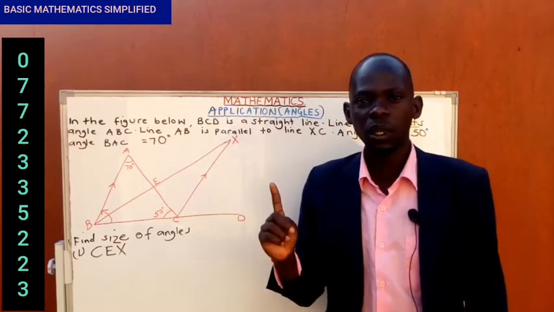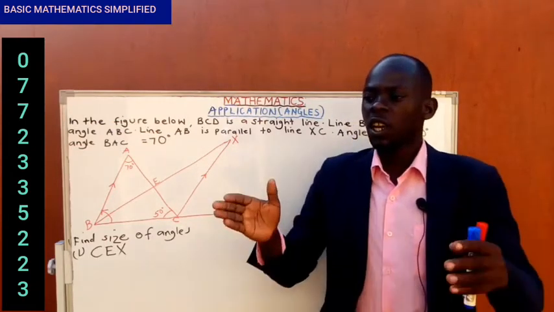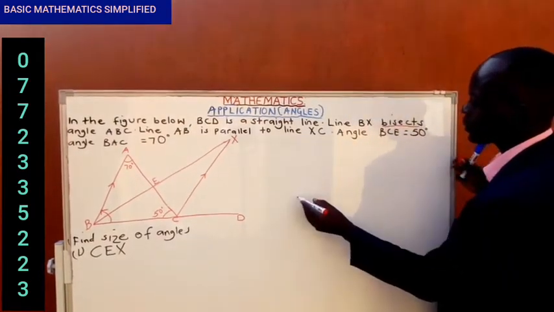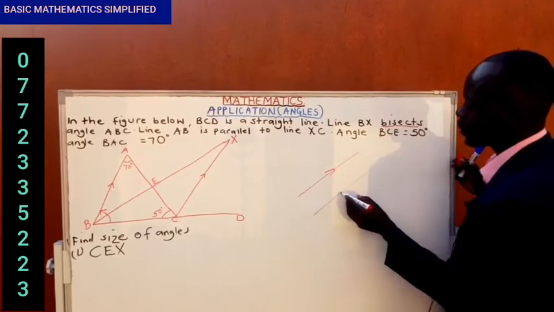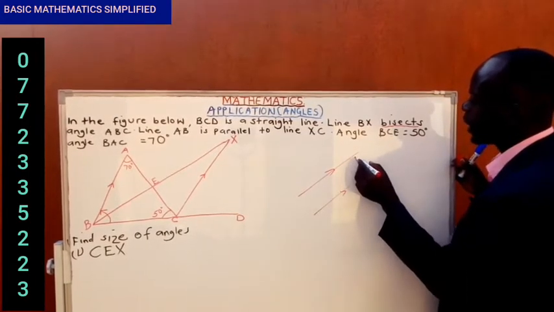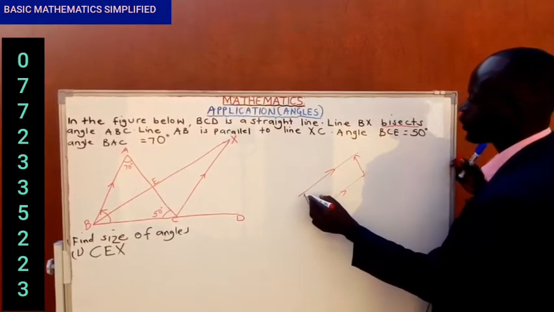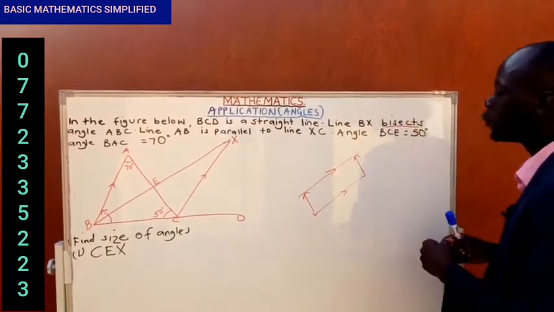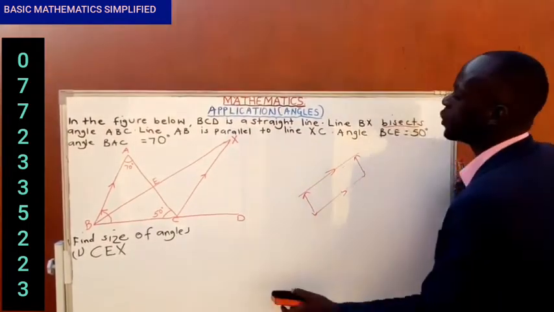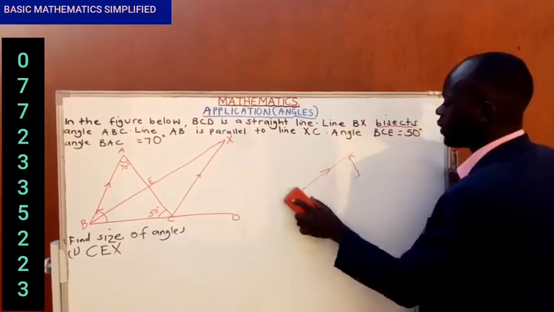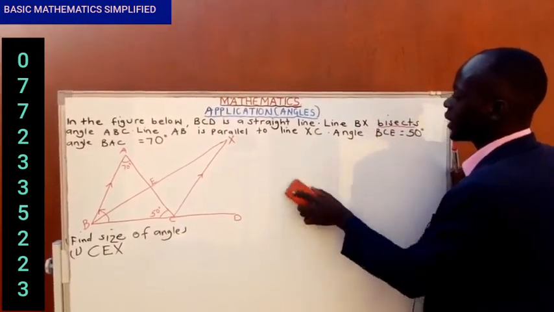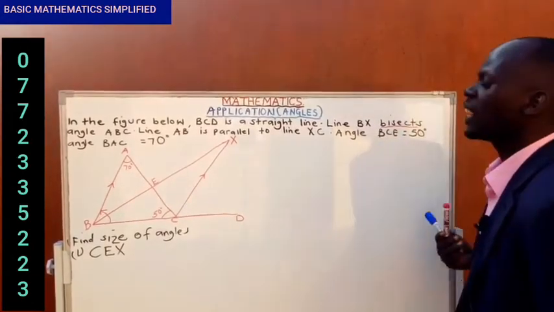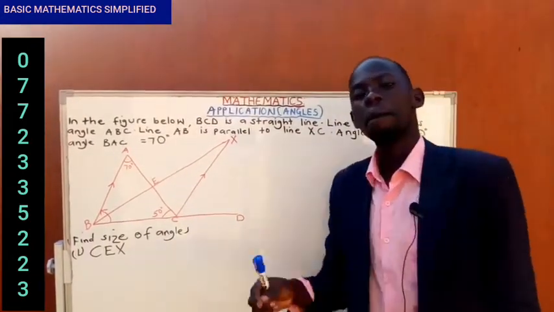If they are drawn, for example, they look like this. The distance from here to here is equal to the one from here to here. So when you continue drawing without adjusting distance, even if you draw it for 1 million years, they will never meet. That's why they are saying that line CX and line AB are parallel.